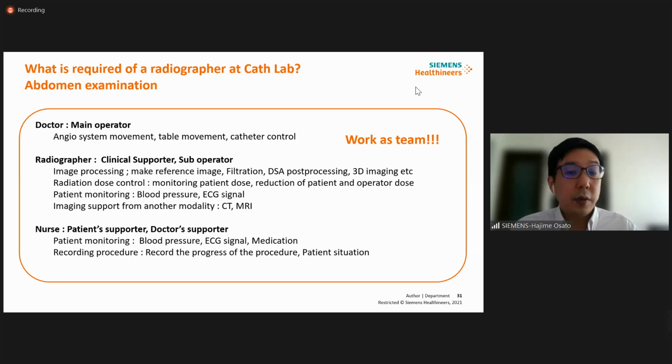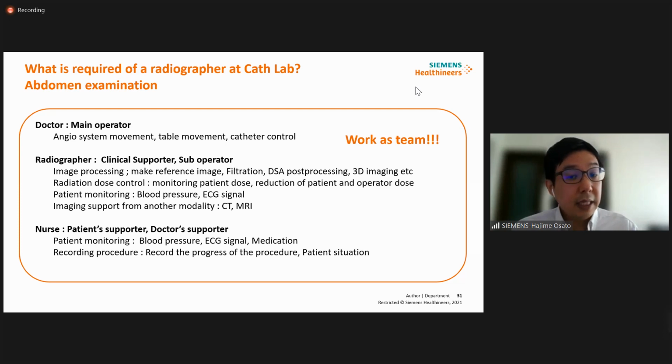All right, in the abdominal procedure, we mainly use fluoroscopy and DSA acquisition. Image processing is required, like reference image creation, filtration, and DSA post-processing. So it's a bit close to the neuro examination.